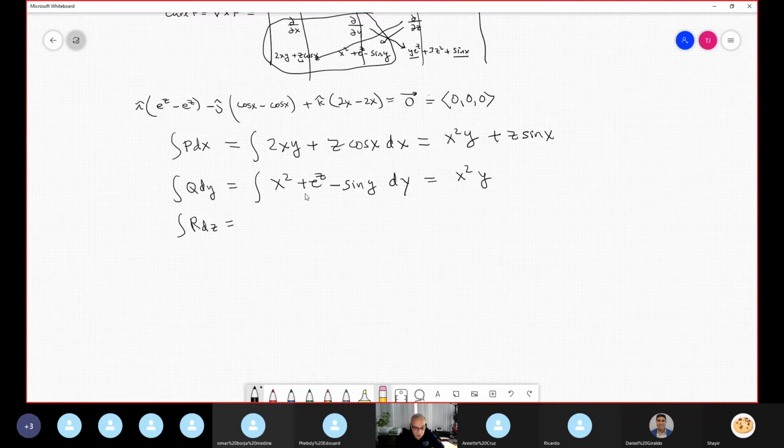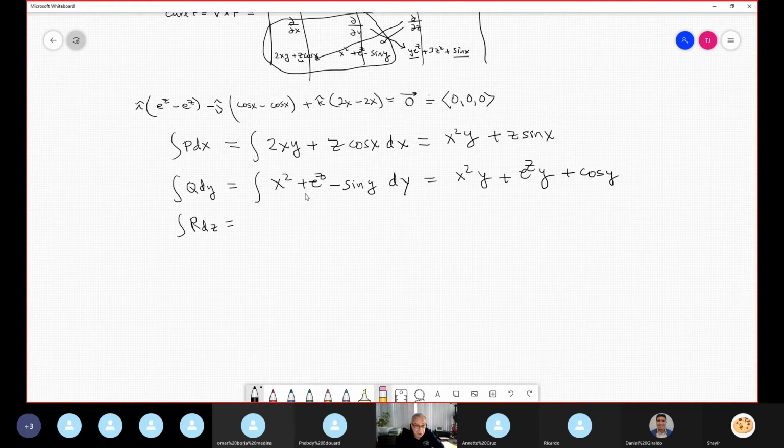Then plus e to the z y. Minus, because it's the antiderivative, minus or plus? The antiderivative of sine is minus cosine, no? You have a minus in the front, so positive. Plus cosine y.